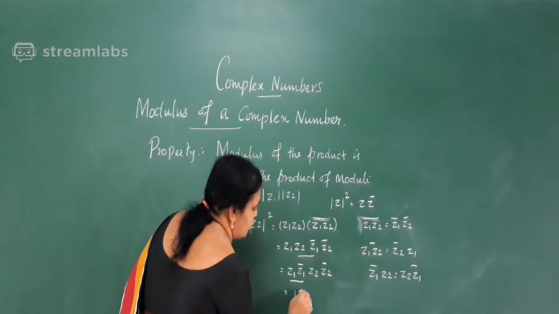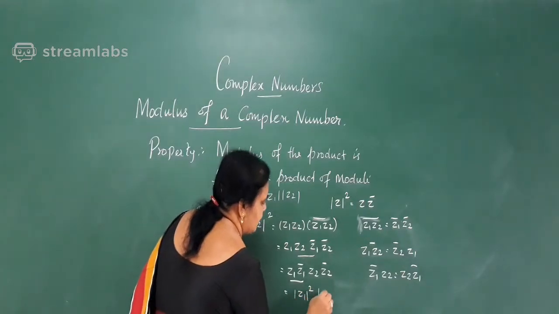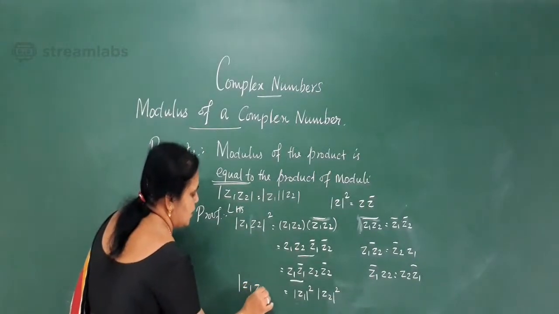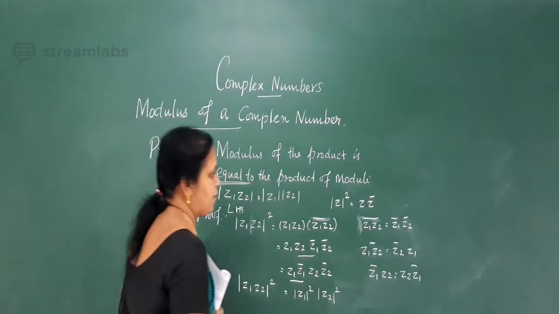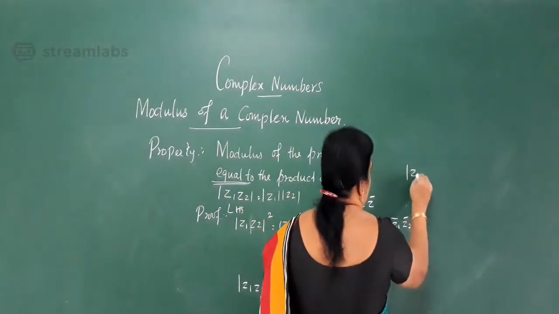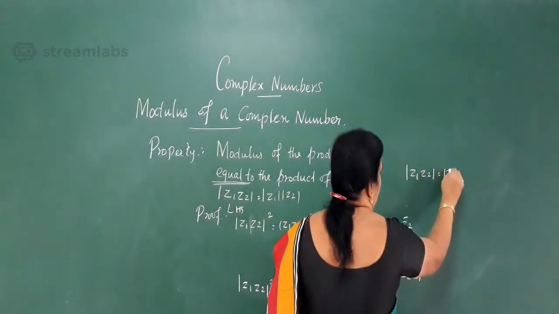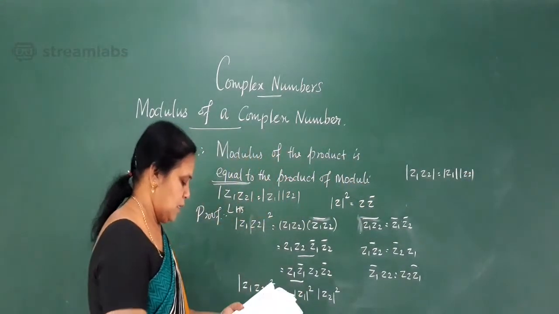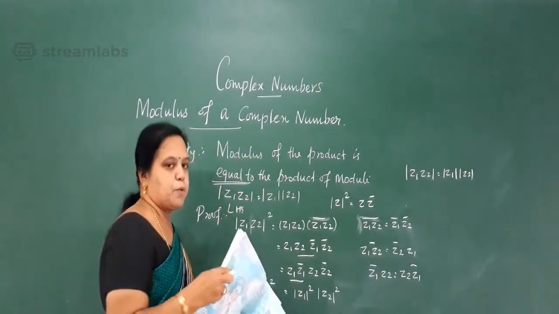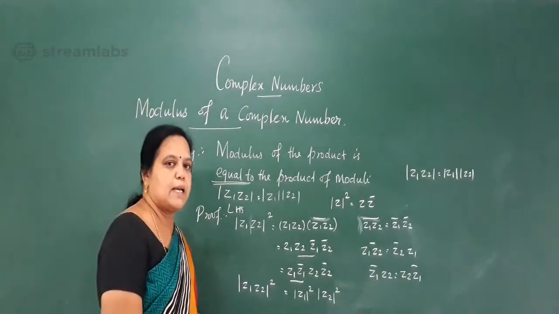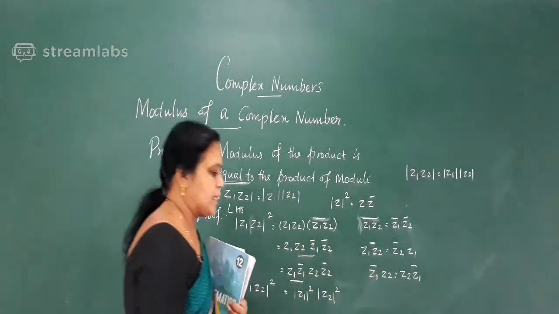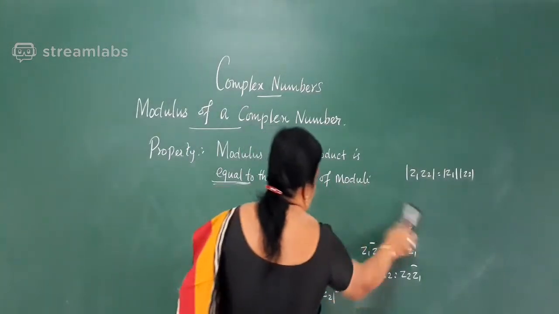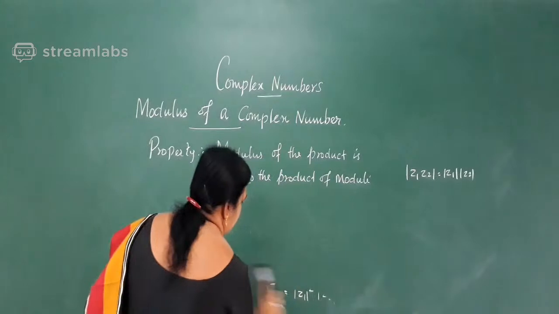Now for these two, we can write modulus z1 z2 whole square. If we find the square root, we get modulus z1 z2 is equal to modulus z1 modulus z2. Okay, this is the property, hence proved. It can be generalized by means of mathematical induction to finite terms. How? We'll see.